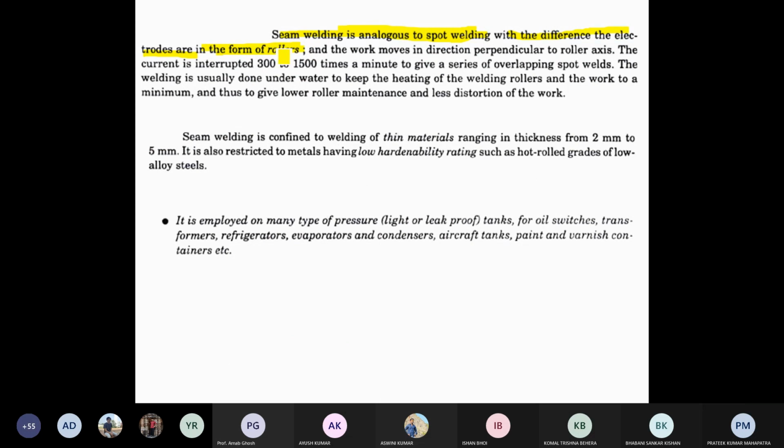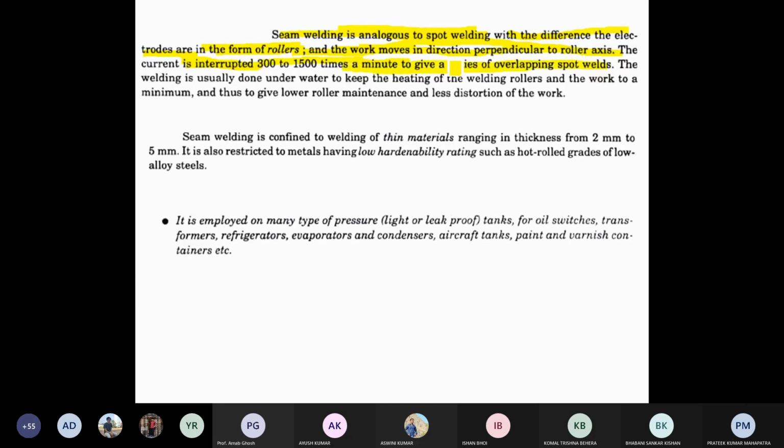Now it looks like a roller. The work moves in the direction perpendicular to the roller axis. The current is interrupted 300 to 1500 times in a minute to give a series of overlapping spot welds.